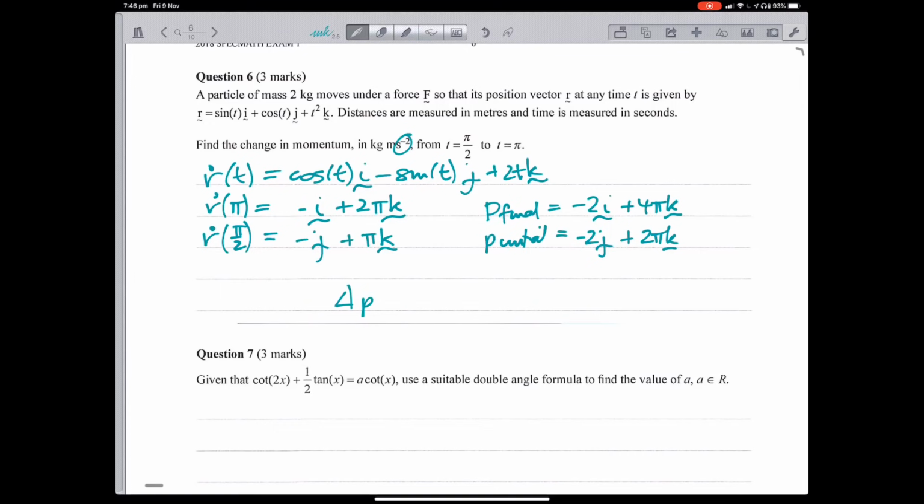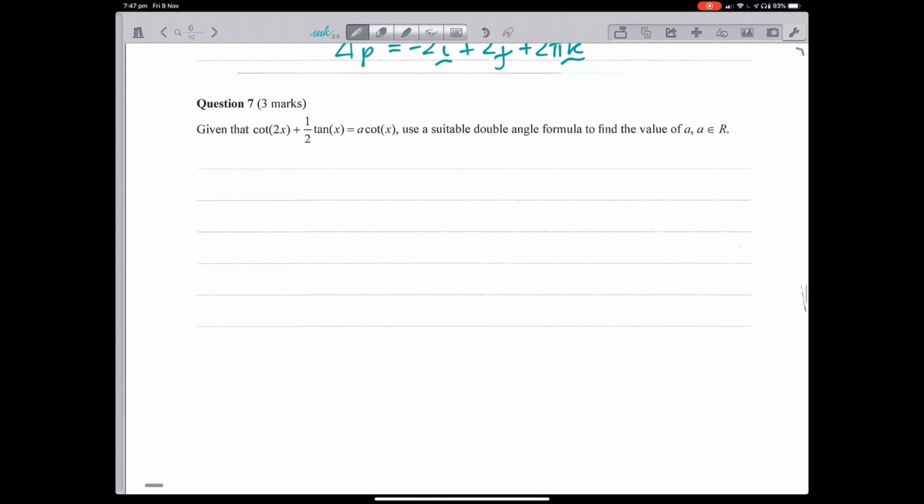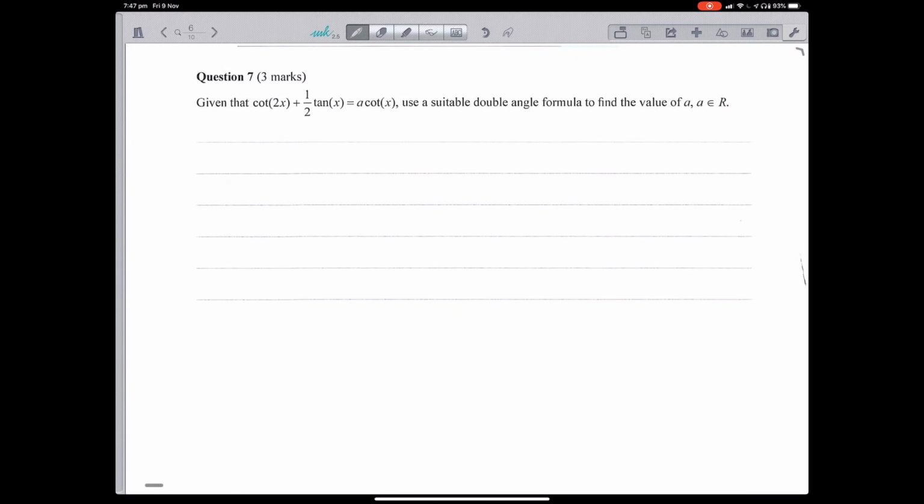So our change in momentum is -2i minus 2j, which is plus 2j, and then 4 pi minus 2 pi k, which is just 2 pi k, kilogram meters per second. I'm not even going to give units because it said to give it in a specific unit. We did. Okay, cot of 2x plus a half tan x is equal to a cot x.